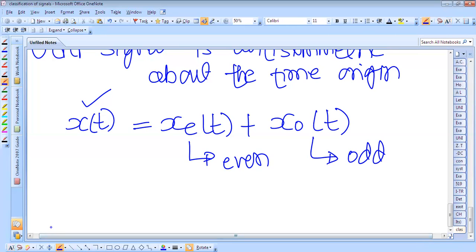So the arbitrary function x of t is decomposed into two components. One is the even component, another is the odd component.